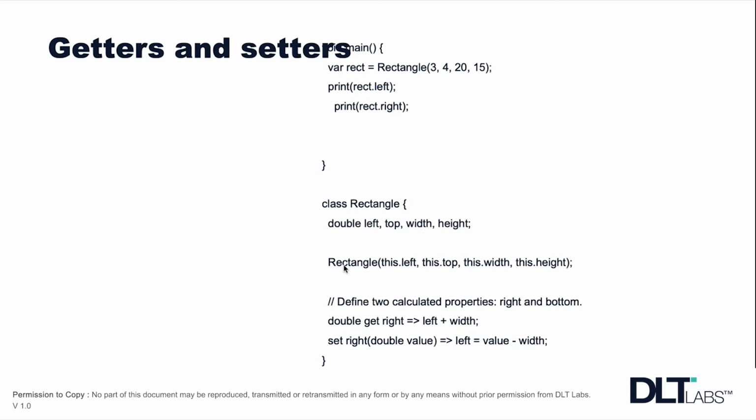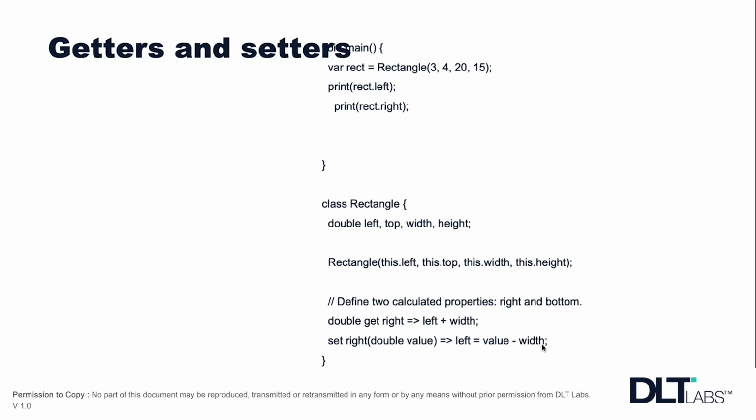This is the constructor, Rectangle, left, top, width, height, all the variables. Here we are creating a getter, which returns a double, get, and the name of the getter is right. The body is left plus width, and this is the setter, which is right, and we are passing a double value, and the logic is left equal to value minus width.